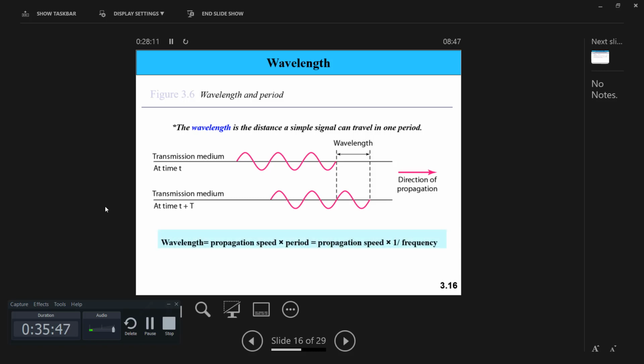So the wavelength equals the propagation speed, the speed the signal travels with, multiplied by the period or 1 over the frequency, of course, because I need to travel with this speed.